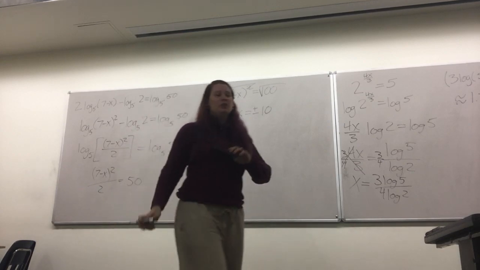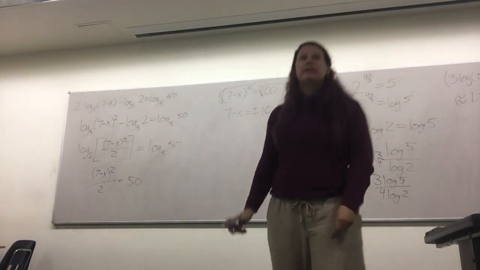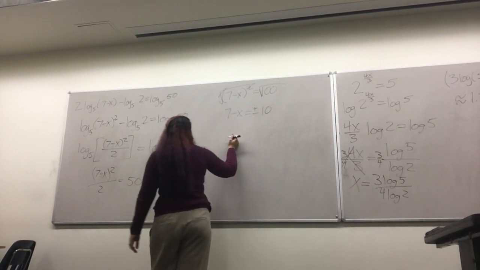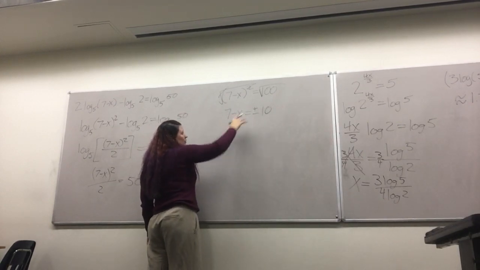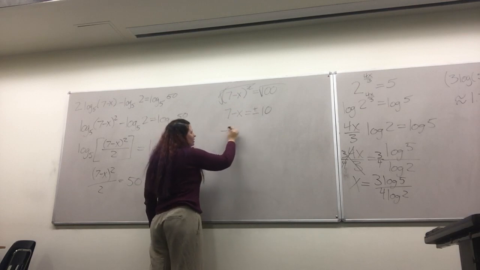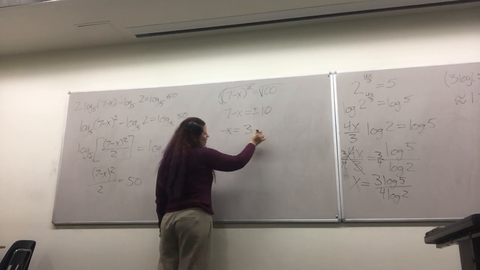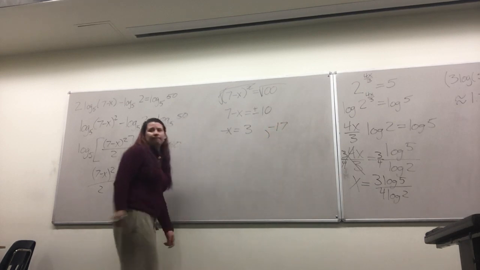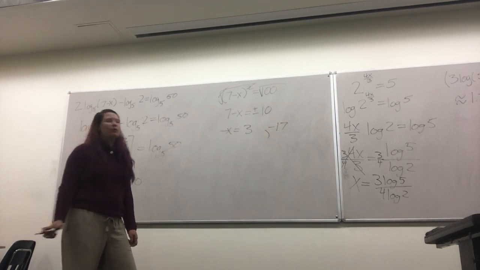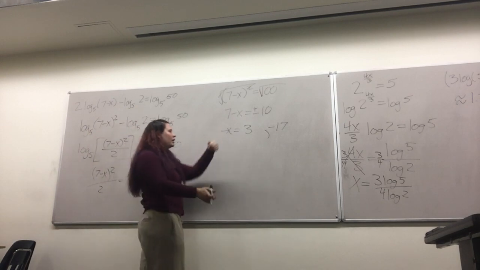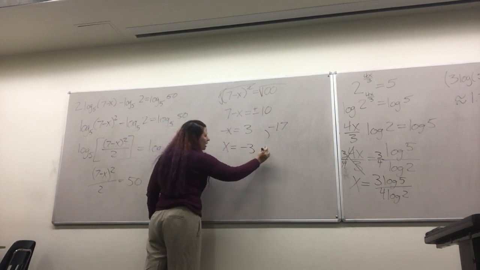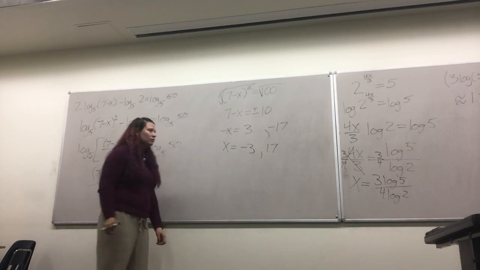Remember, when we do use that square root property, you have to get 2 answers there. So then subtract 7 from both of them. So negative x equals 3 or negative 17. And then change the sign on everything because of the negative x. So x equals negative 3 and positive 17.